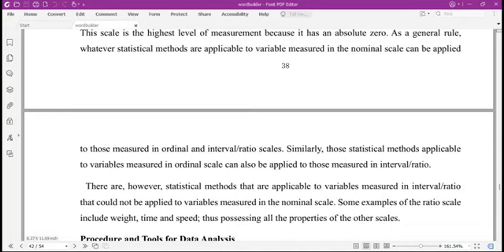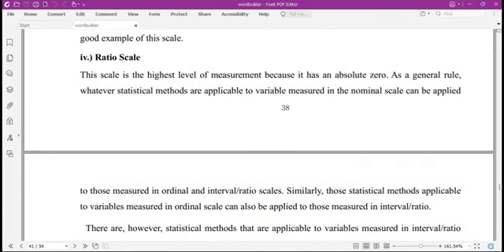So the ratio scale is the same as the interval scale, except that the ratio scale has an absolute 0. They're just the same, the ratio scale and the interval scale.